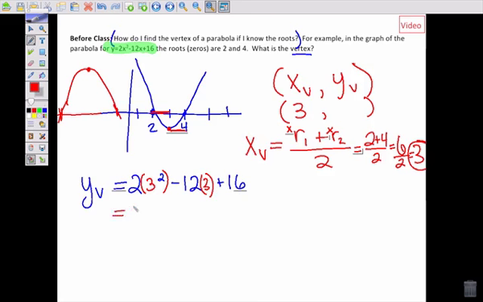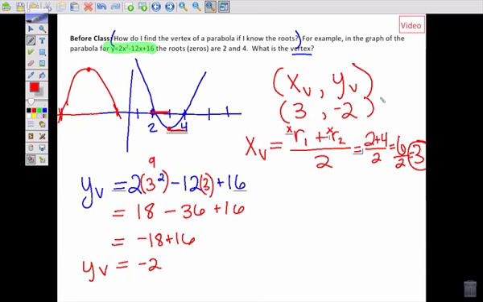So if we figure that out, 3 squared is 9. 2 times 9 is 18. 18 minus 12 times 3 is 36, plus 16. 18 minus 36 is -18. -18 plus 16 is what? -2. So the y of our vertex is -2, and our vertex should have been 3, -2.